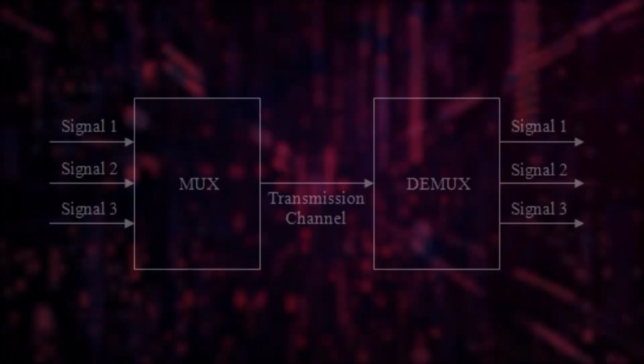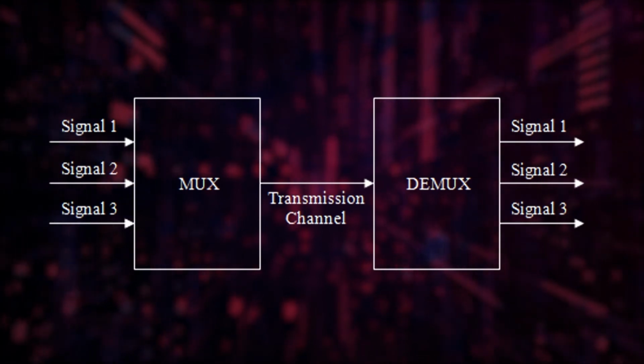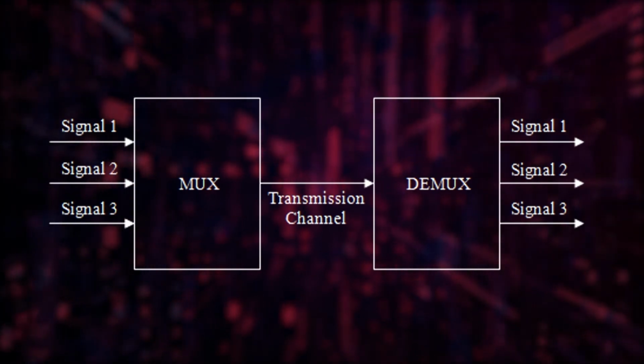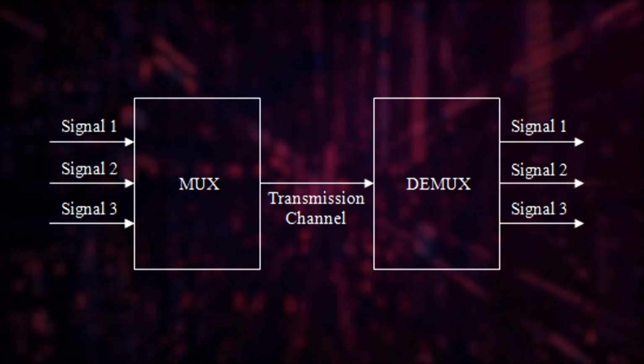The demultiplexer receives these output signals of the multiplexer and converts them back to the original form of the data at the receiving end. The figure given here shows the working of a mux and demux through a transmission channel. They work in pairs.